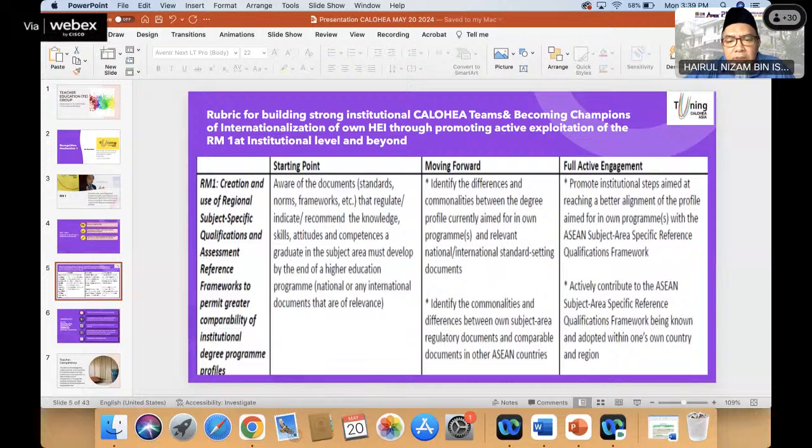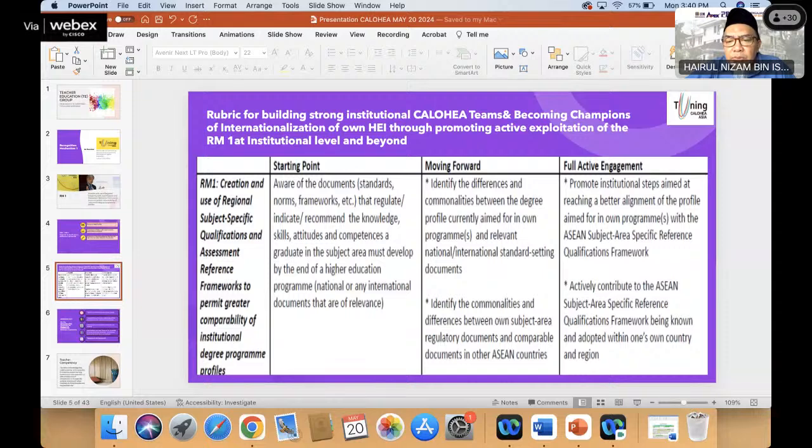Again, we come up with differences and commonalities, and then we try to develop the framework as far as our ASEAN context is concerned. I'm going to share with you in a moment, very quickly, the framework that was developed, but it is still developing. Since the project is still going on and may continue, there will be more opportunity for us to revisit the framework and see how we can improve it.